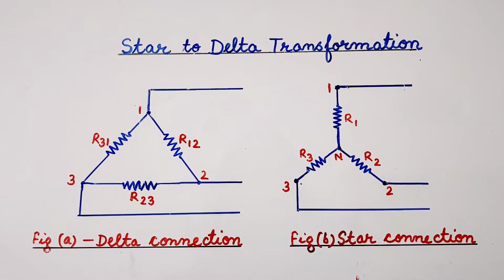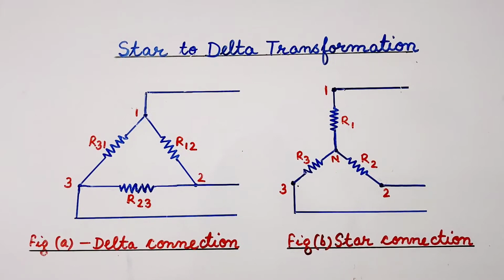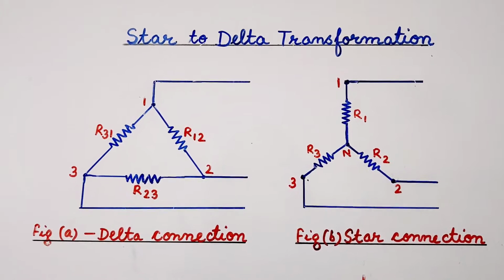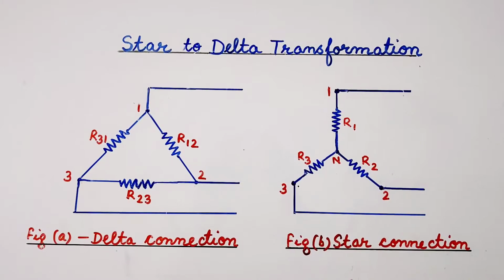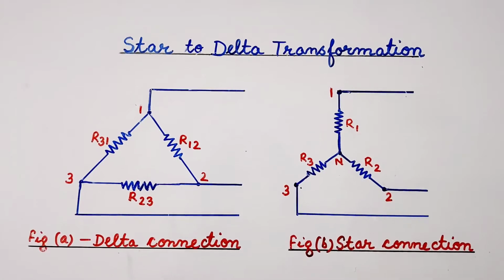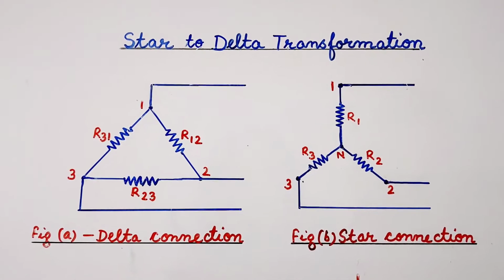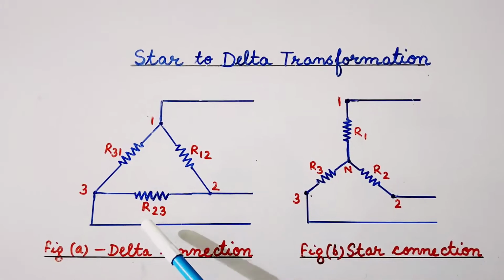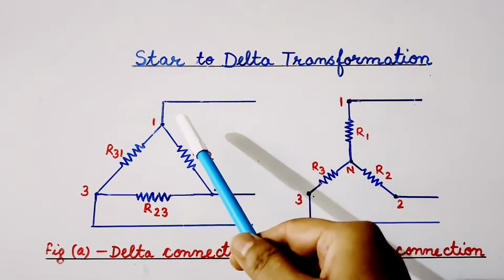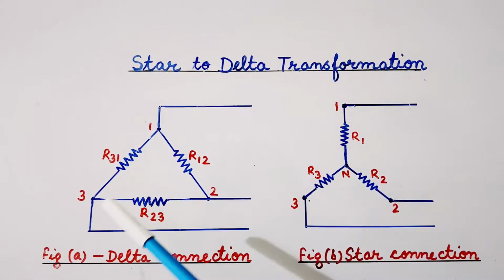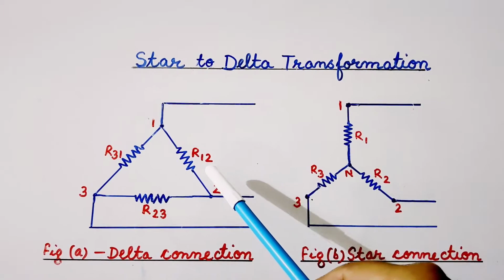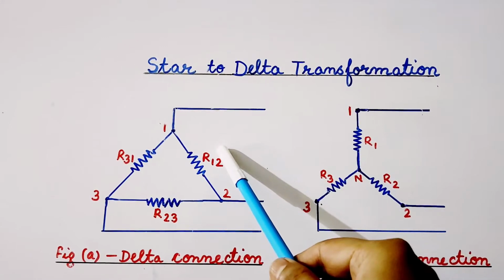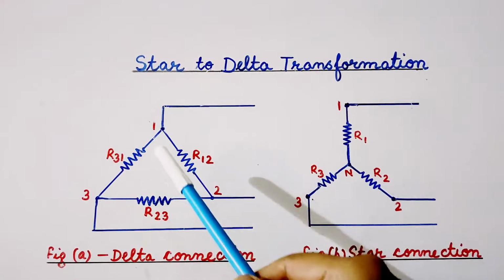Let us once again recap what we mean by delta connection and star connection of resistances. Figure A shows the delta connection of resistances and figure B shows the star connection of resistances. If we are given three resistances R12, R23 and R31, which are connected between the terminals 1, 2 and 3 in such a way that one end of R12 is connected to R23 and the other end of R12 is connected to R31.